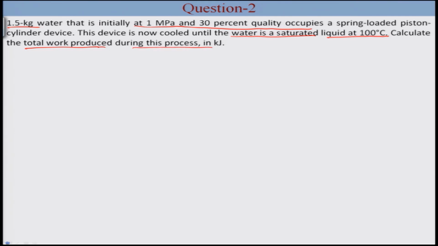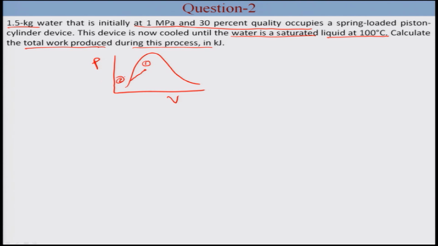It is said that initially the cylinder is filled with a water vapor mixture having a quality of 30%. If we see this process on a PV diagram, the initial state would be somewhere here because it is a mixture of water and vapor. Now it is further cooled until the water is saturated, so it will cool down to state 2, because this is a saturated liquid.